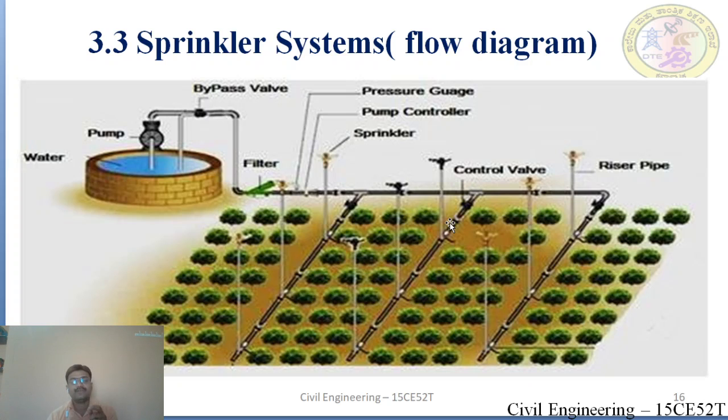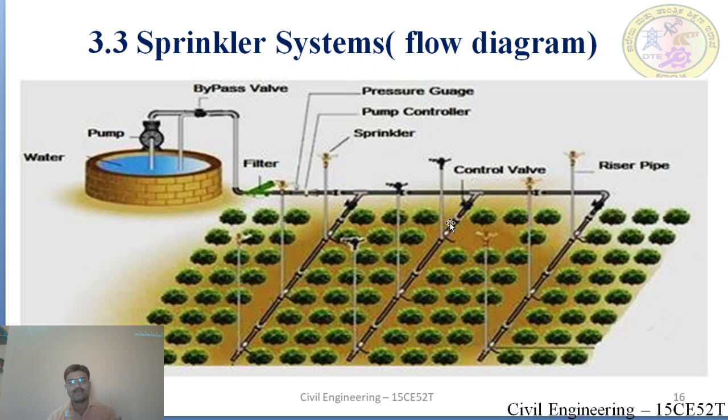So if the sub lines are more and the water pressure is less, we'll try to shut off some of the control valves so that it will increase the pressure in the remaining sub main lines.